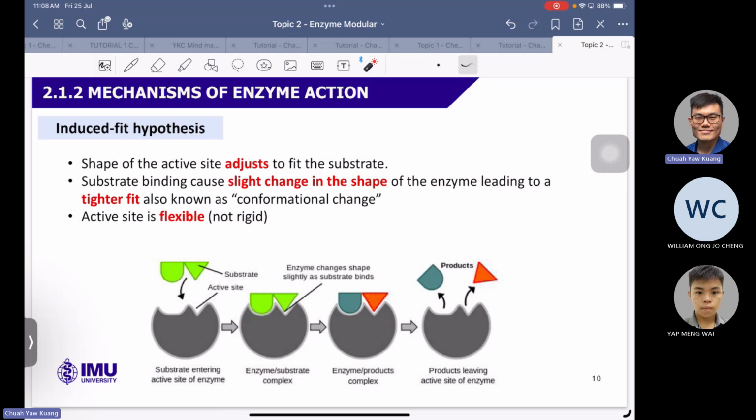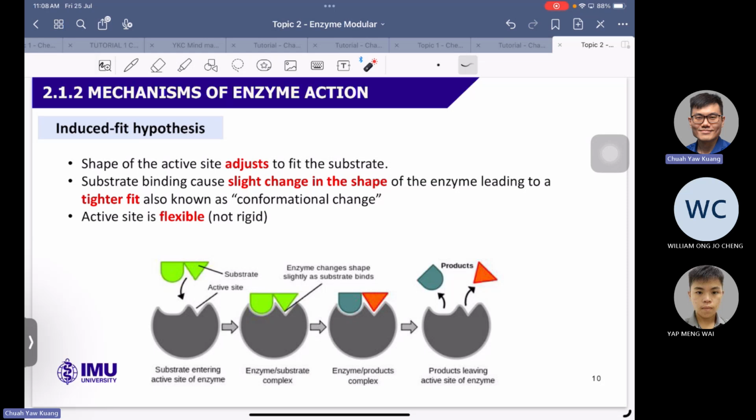So what does the induced fit hypothesis state? First, the shape of the active site is not exactly the same as the substrate. It is almost similar; it need not be exactly complementary. Why?